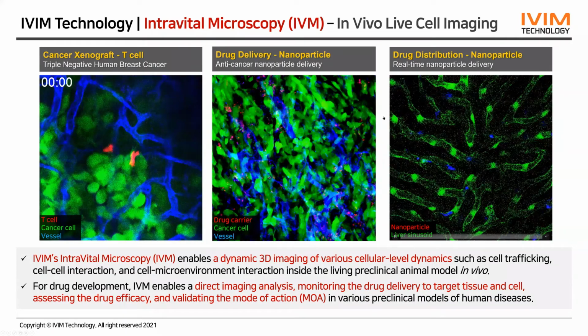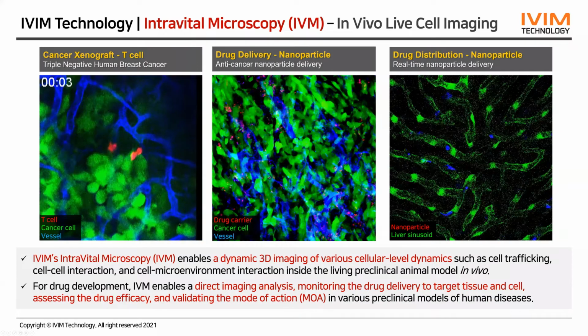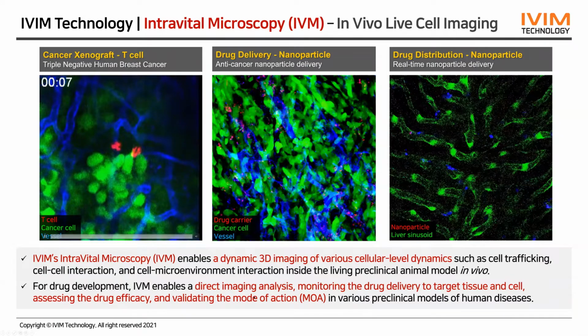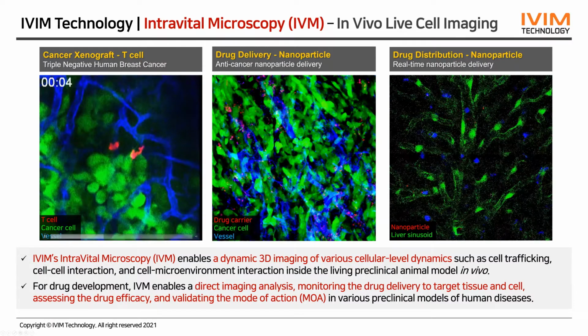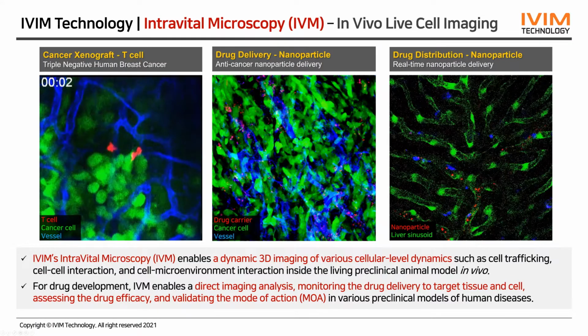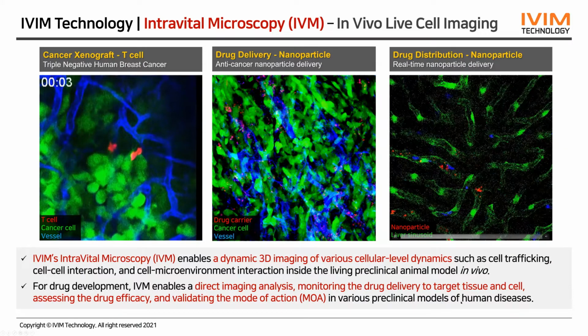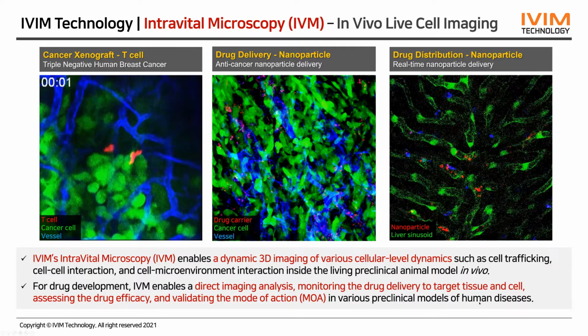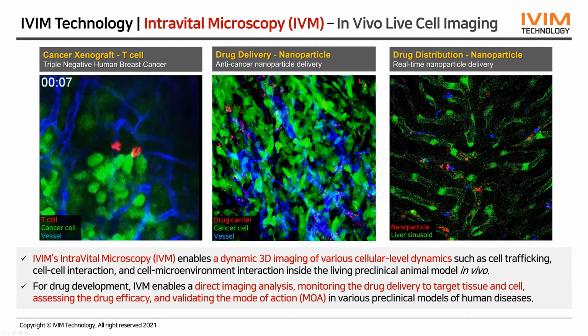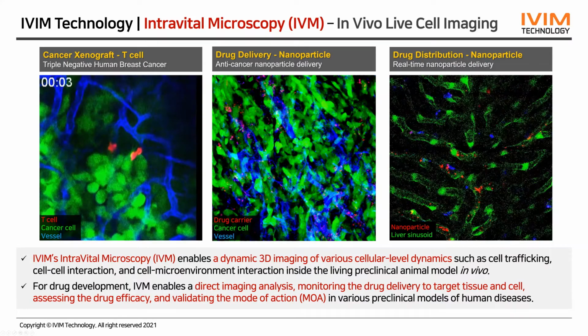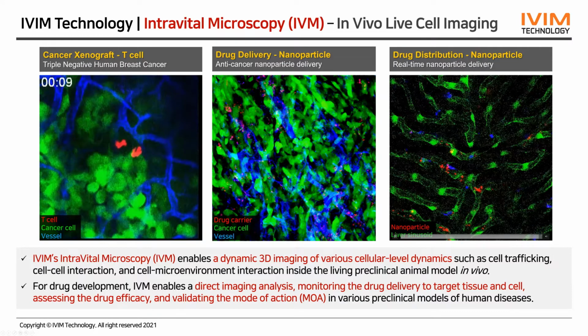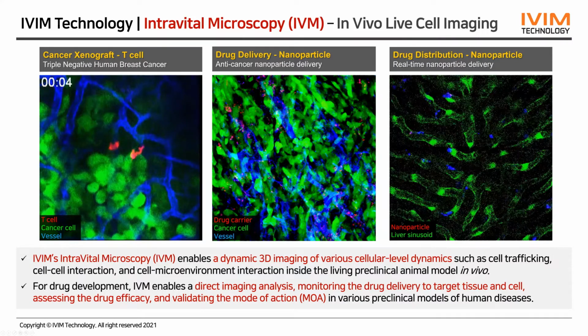And I hope you can see this video as well. This is also an example of the monitoring of drug delivery. On the left side, what you are looking at is the delivery of nanoparticles to the liver in real time. In this example, this red fluorescent nanoparticle was intravenously injected at the start of this video.